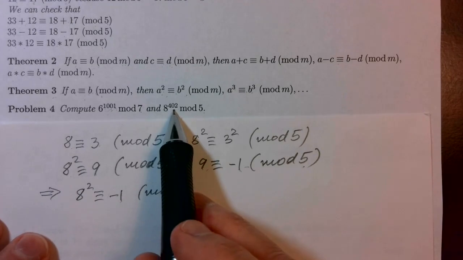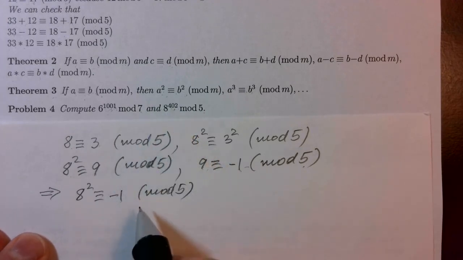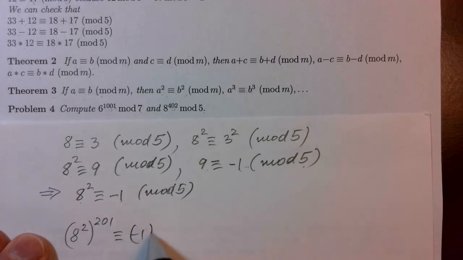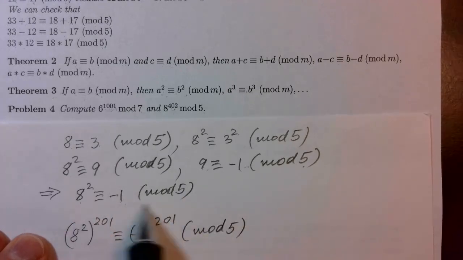Here I need 402. It is even. Divide this by 2. 402 divided by 2 is 201. So raise both sides of this to the power 201. As we know, the result is a true congruence because this congruence is true.